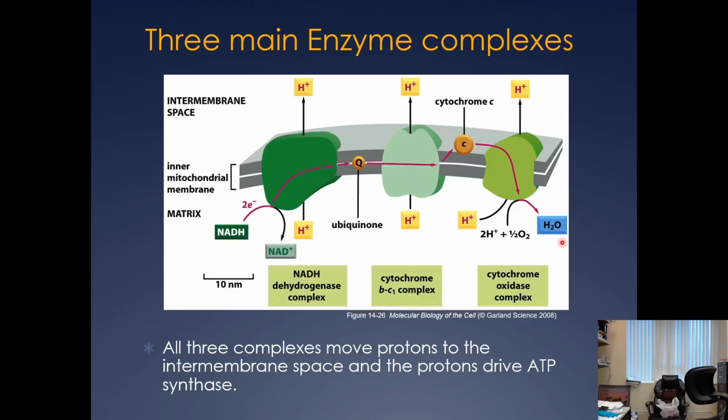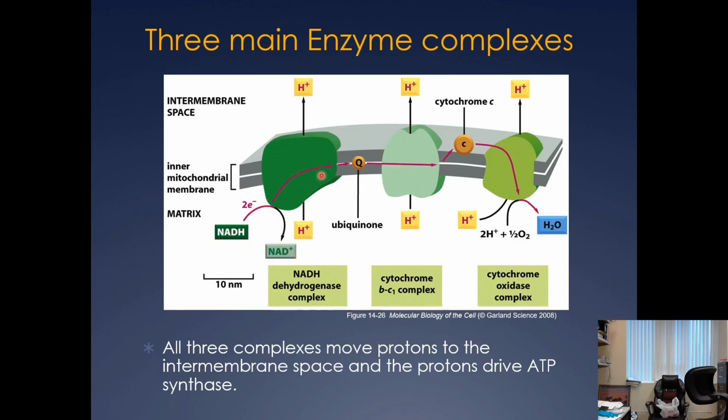But here, before we get to the Q cycle that happens in the cytochrome BC1 complex, here are the 3 main enzyme complexes in the inner mitochondrial membrane. You have the NADH dehydrogenase complex, so that's going to take electrons from NADH and leave you with NAD, and in the process it's going to pump protons.